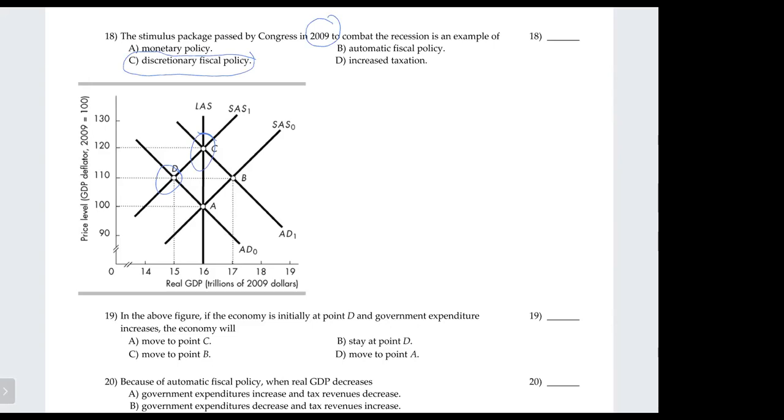Okay. Now you may be wondering, or you may ask yourself, if the economy is originally in B, now what is the government supposed to do, and how would that affect our economy?